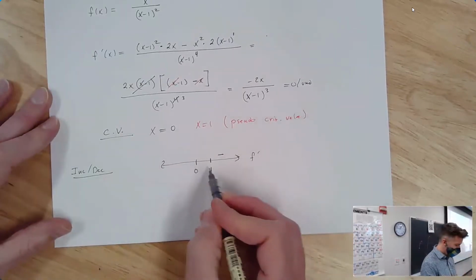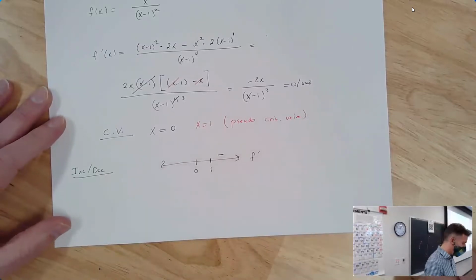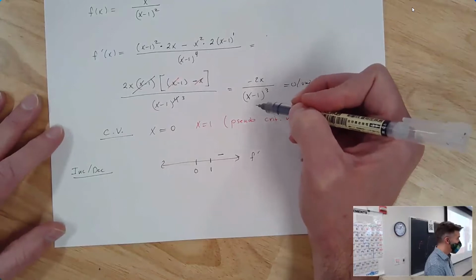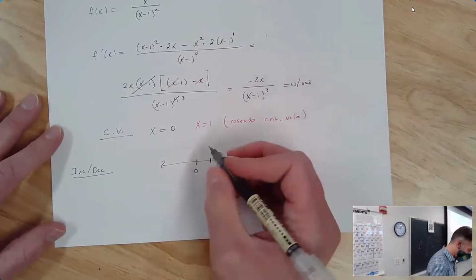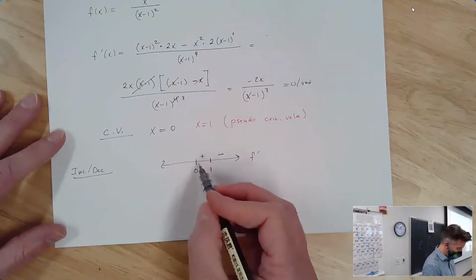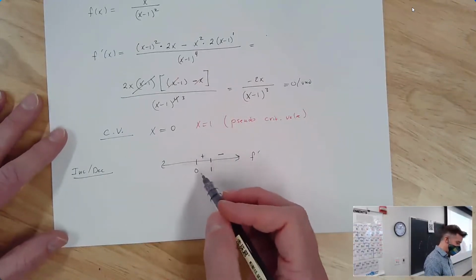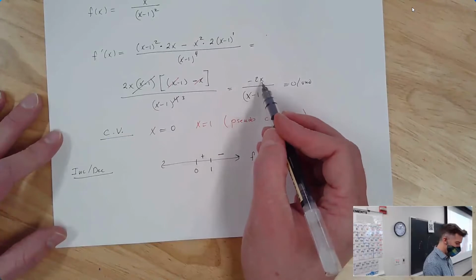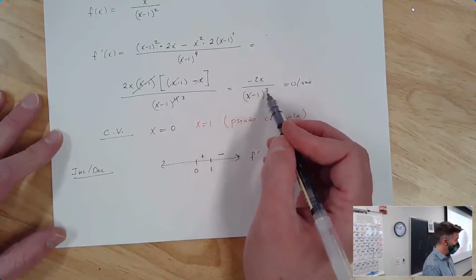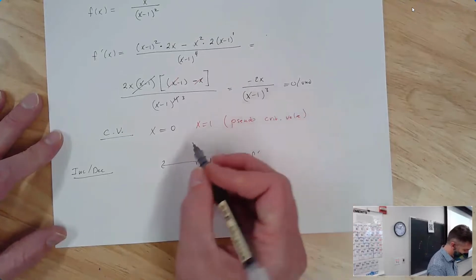Now if I pick something between 0 and 1, like 1/2, the top is negative. The bottom is also negative because it's a negative number to an odd power. And overall it's positive. And then if I pick something on the other side of 0, like -1, negative 2 times negative 1 is positive. -1 minus 1 is negative. Cubed is still negative. So it's a positive over negative, which is negative.